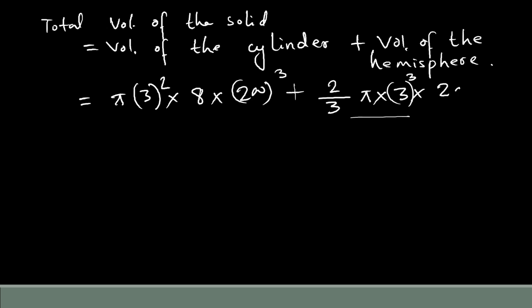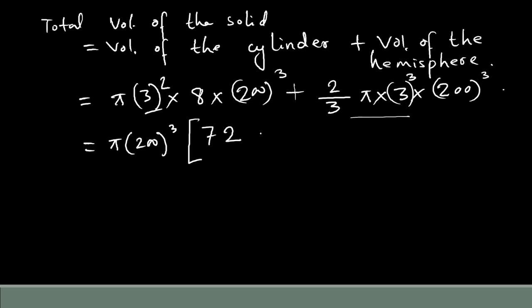So what is the volume of the solid? 200 cube. Similarly, now you can just take pi and 200 cube as common and put it out. This will be 9 times 8 is 72, plus this 3 square, so 9 times 2 is 18, right?